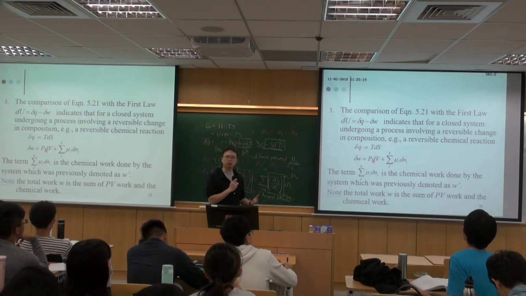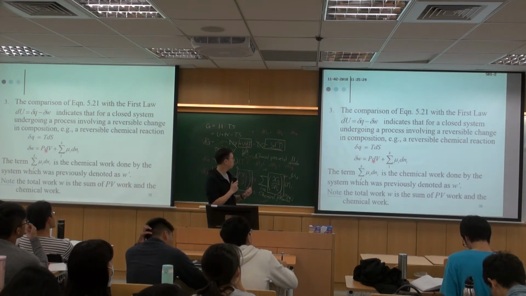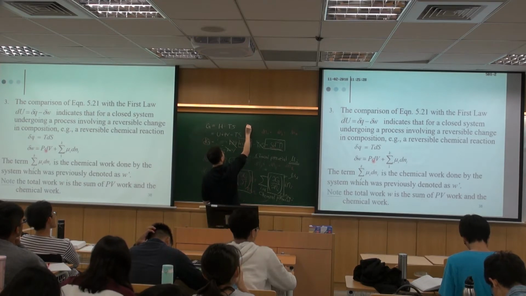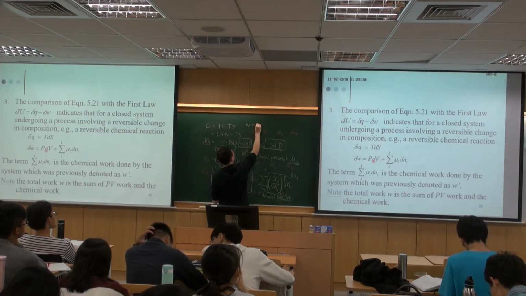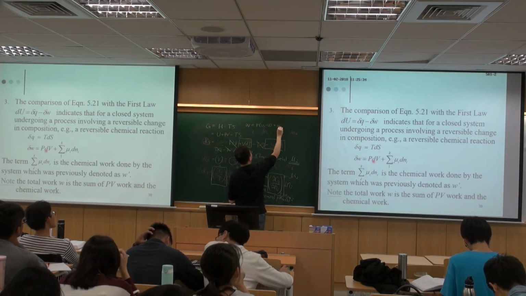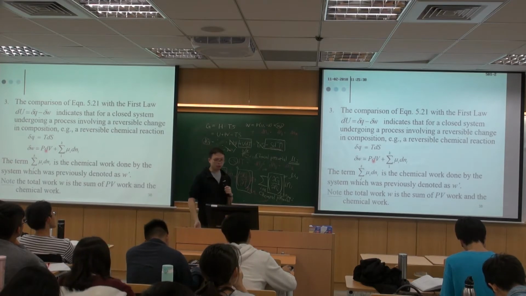So this corresponds to the W prime that we mentioned earlier today, right? When we talk about Gibbs free energy, we say that this W is P(V2 minus V1) plus W prime. And this work is the work other than the PV work.